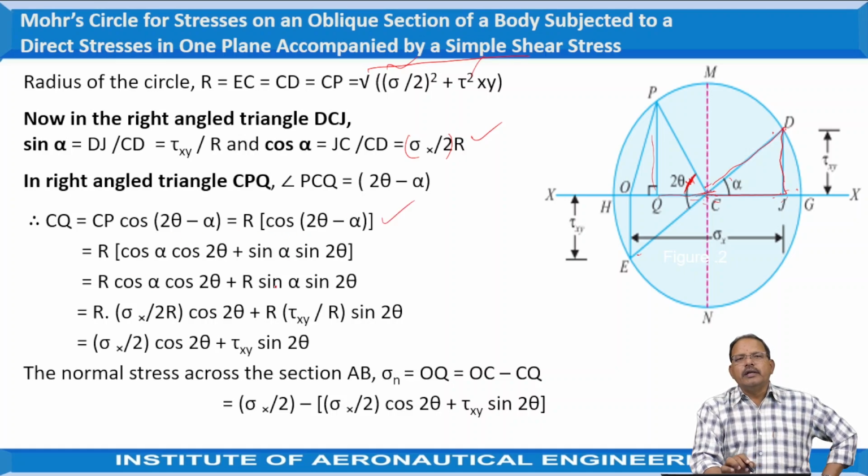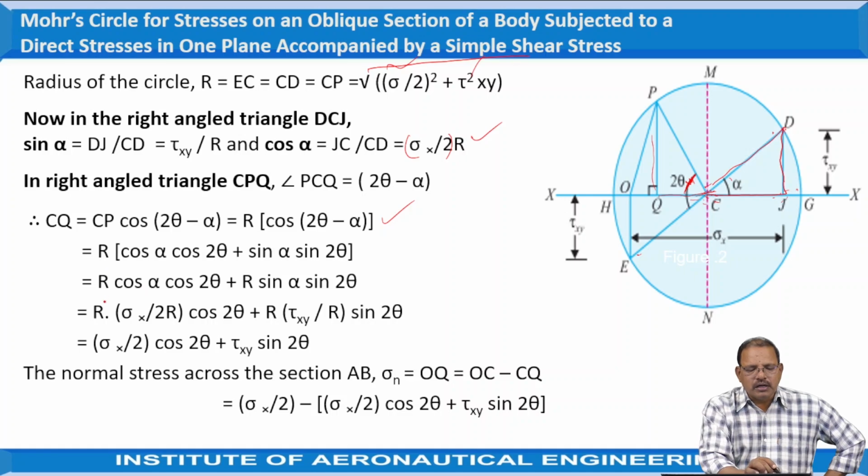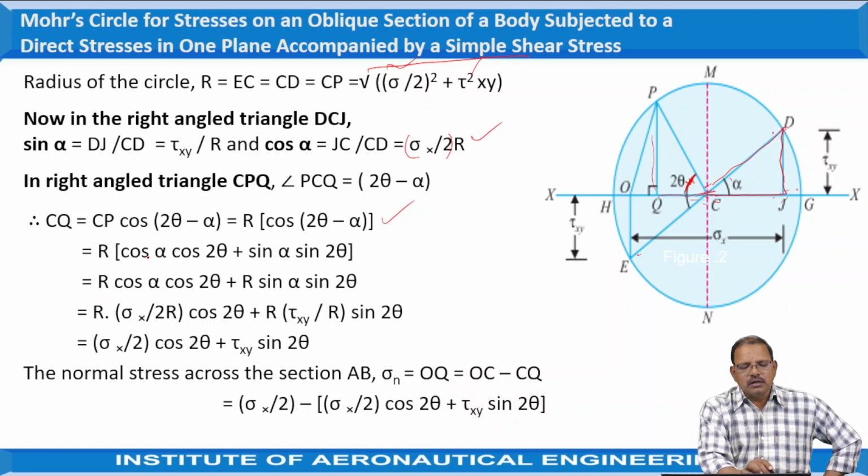Expanding this, we got R into cos alpha cos 2 theta plus sin alpha sin 2 theta, which is R cos alpha into cos 2 theta plus R into sin alpha sin 2 theta now.